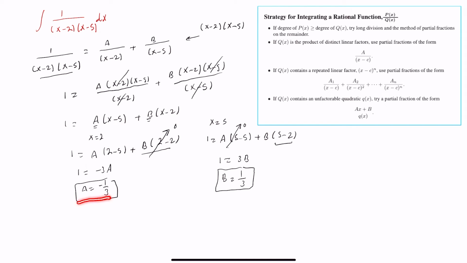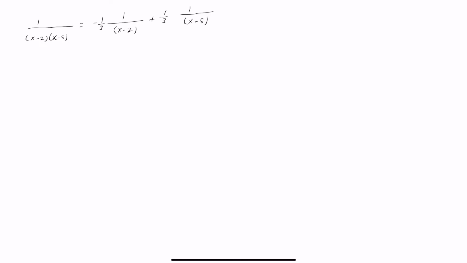Now we have found the values of A and B, so let's go back and plug them in. So 1 over (x minus 2)(x minus 5) is equal to minus 1 over 3 times the fraction 1 over x minus 2, plus 1 over 3 times the fraction 1 over x minus 5. The next step is to integrate these. The integral of 1 over (x minus 2)(x minus 5) dx, as given, is equal to the integral of minus 1 over 3 times 1 over x minus 2, plus 1 over 3 times 1 over x minus 5 dx.